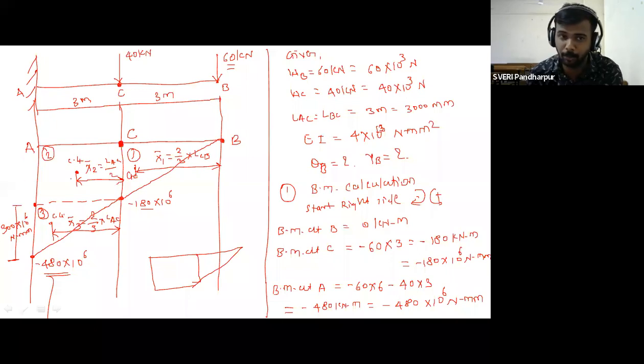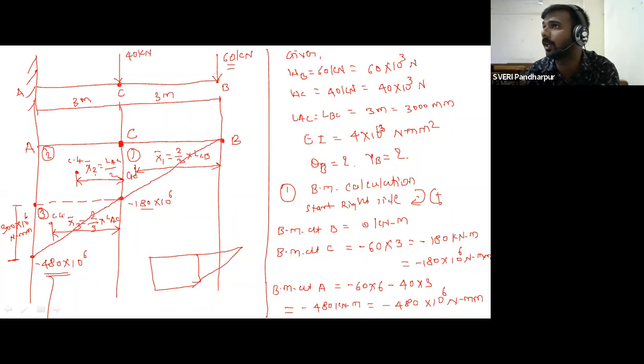In this figure, figure number 1, the triangle you get as it is, but from portion A to C you get an odd shape, and for it the properties of the cross-sectional area and the X bar calculation are not available.